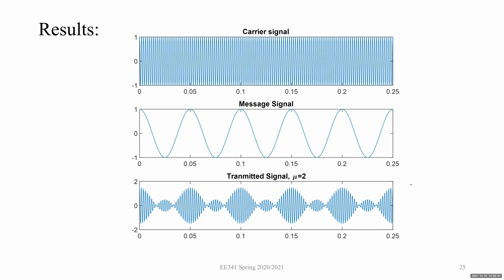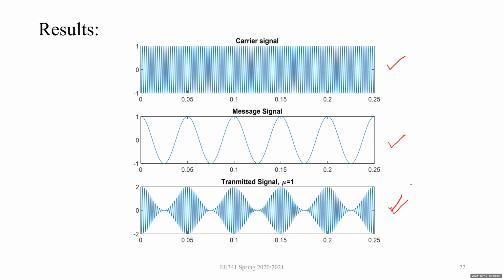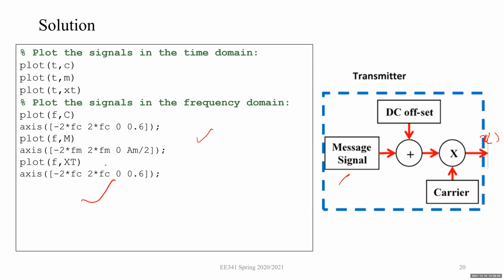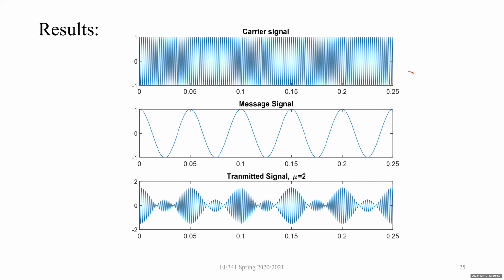Then when you change this value to 2, you will get this, and here you can see that this is over modulation. I told you that mu should be between 0 and 1; when it's greater than 1, this is bad, which we don't want.